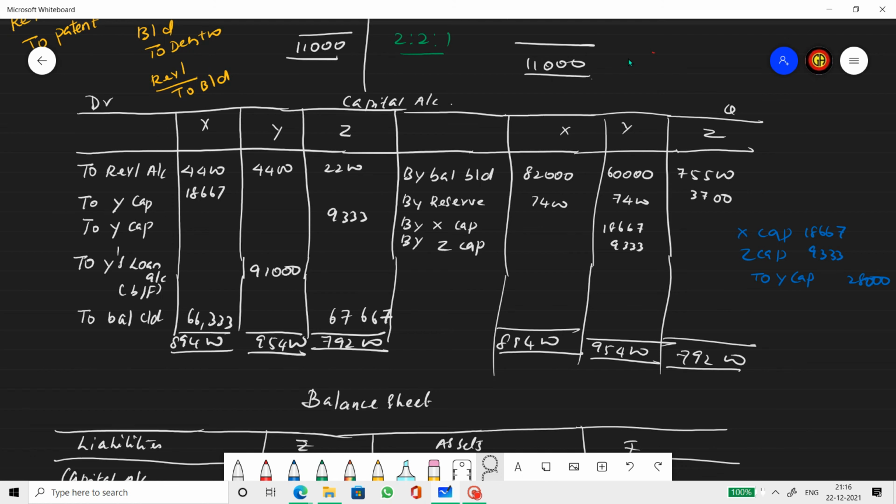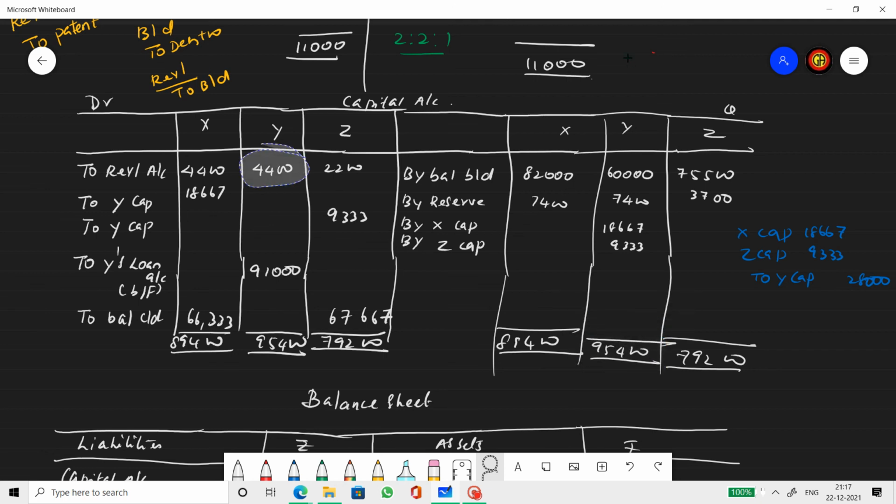Now that's it, we have everything posted: opening balance, reserve, goodwill, and then the revaluation loss. Let us first find the balance of the retiring partner. Who is retiring? Y is retiring. So Y's credit side total is 95,400.